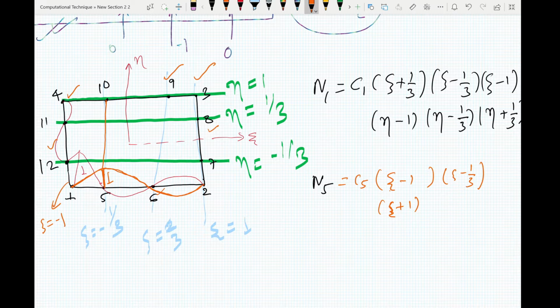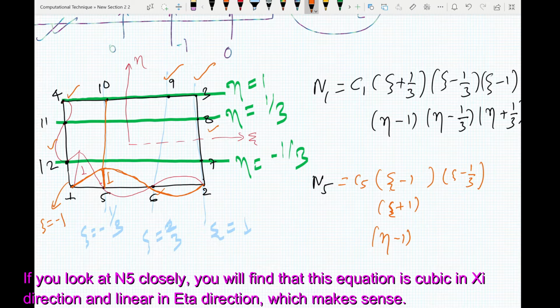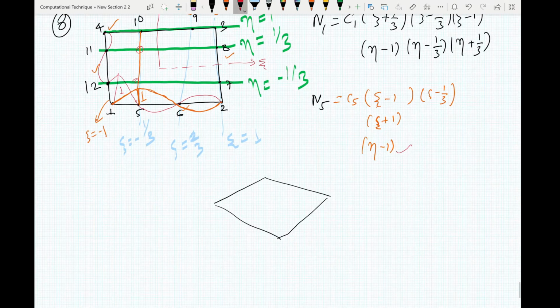And in terms of the eta direction, we don't have any other xi's here. When you draw this in the isometric form, this will be 1, and then like this in the xi direction, and like this in the eta direction. So in this direction you don't have any other points, because all the points are already considered by these equations here.